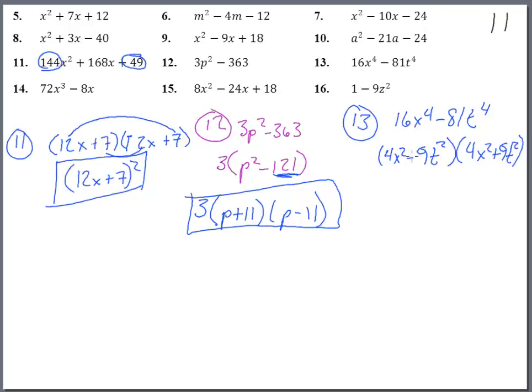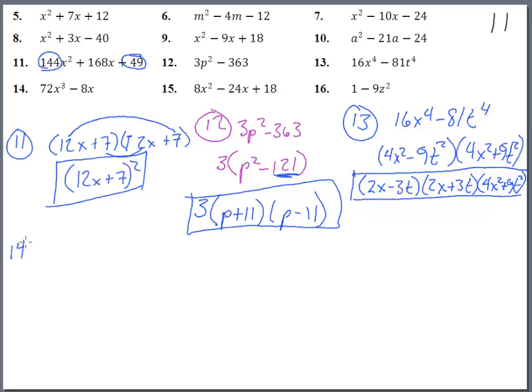And then this guy is a difference of squares. This guy can't go anywhere because you have a sum of squares. That's going to be prime. But this guy will break down even further into 2x minus 3t, 2x plus 3t, and then that one just sits there, 4x squared plus 9t squared. And there's number 13.